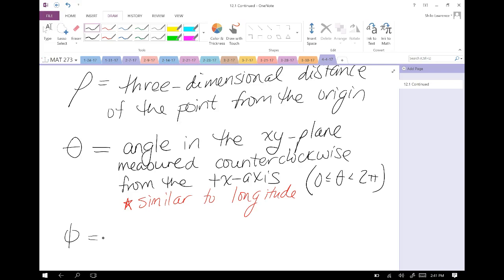It's the angle measured from the positive z-axis and then down. So this is similar to latitude, but 0 is marked in a different spot. In latitude, 0 is marked at the equator, and then you can go up or down from there, north or south. Phi, 0 is the positive z-axis, and then you go down from there.